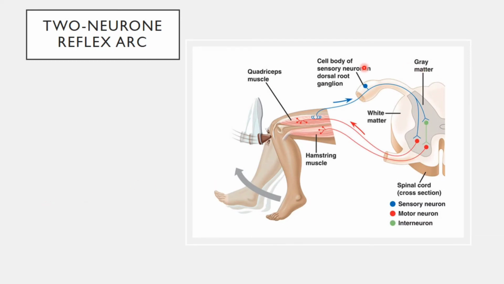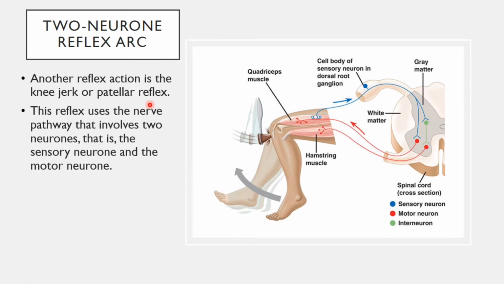This diagram shows the 2 neuron reflex arc. Another reflex action is the knee jerk, known as the patellar reflex. This reflex uses the nerve pathway that involves only 2 neurons, I repeat, only 2 neurons.